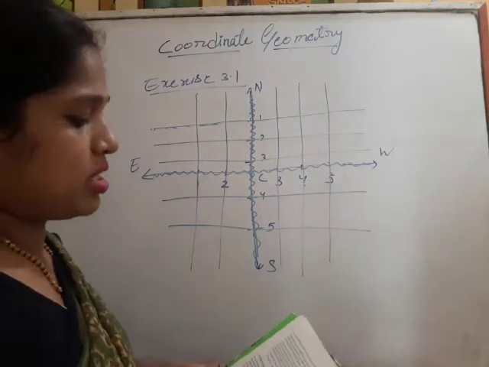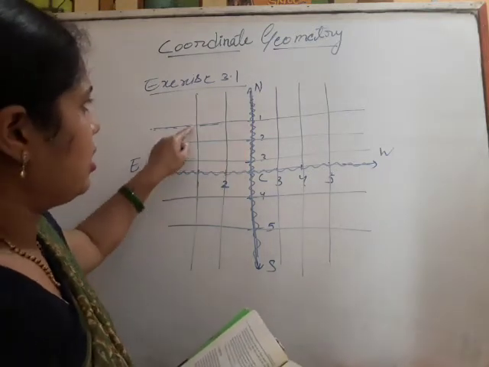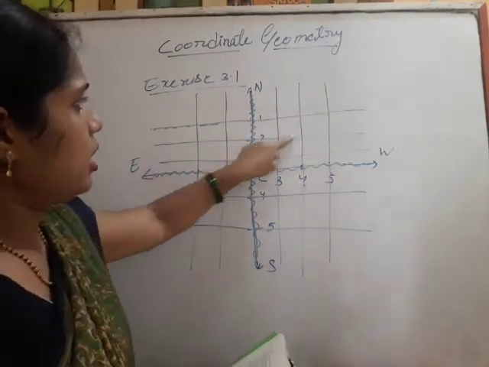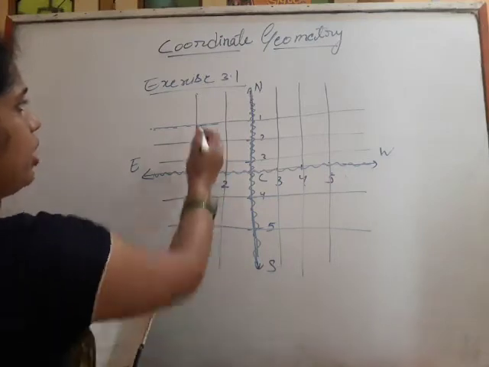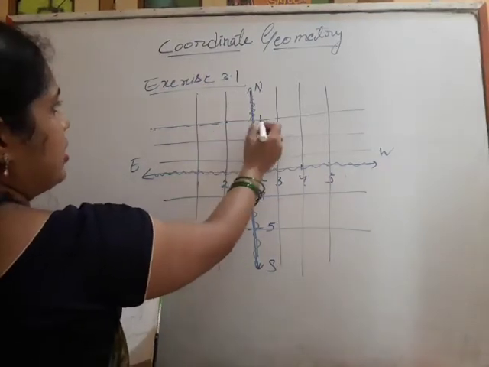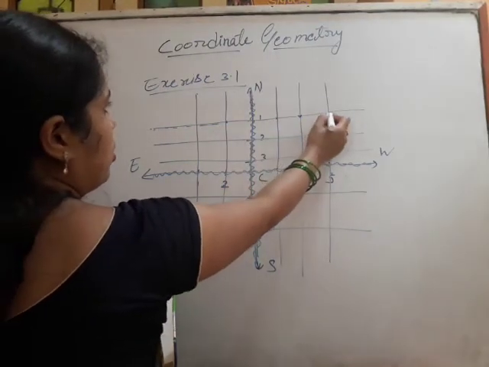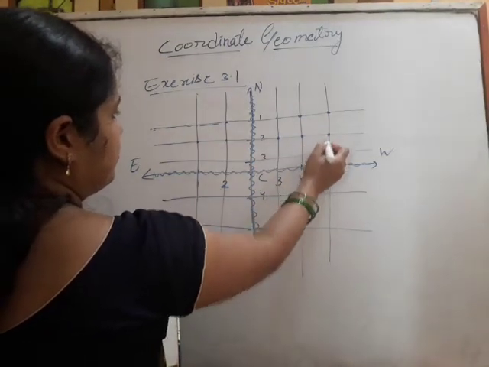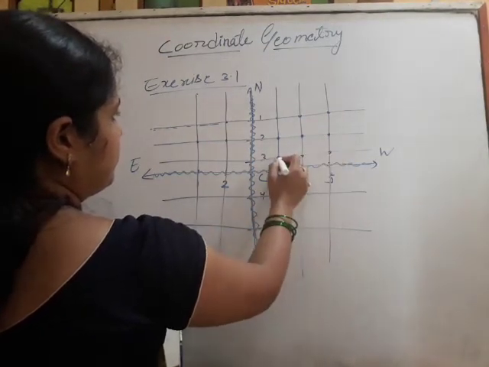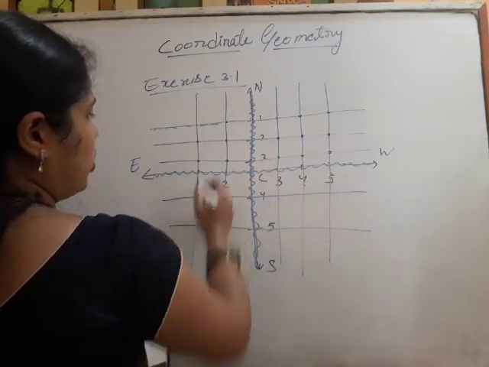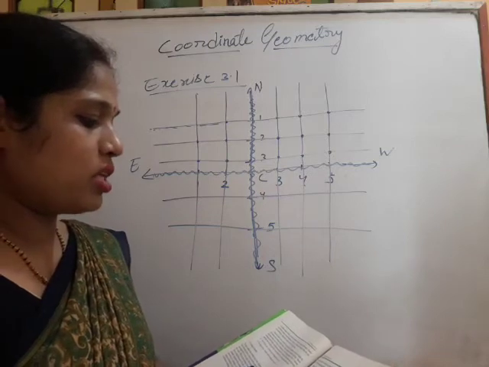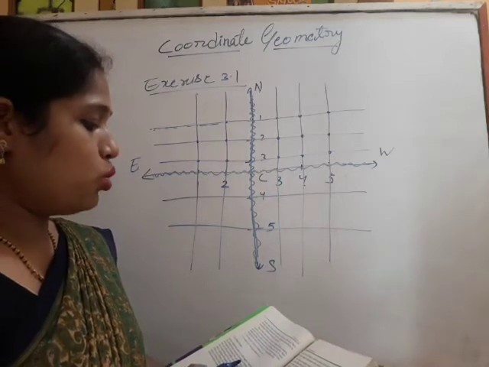There are many cross streets in your model. As you can see, these are the cross streets. If I denote them with points, these are the cross streets.